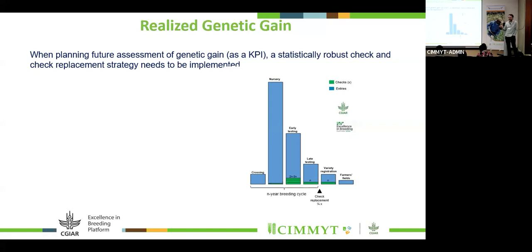You'll probably talk about checks more when you talk about trial design. So that discussion will come in more detail later for non-genetic gain. This is an overview of the points.